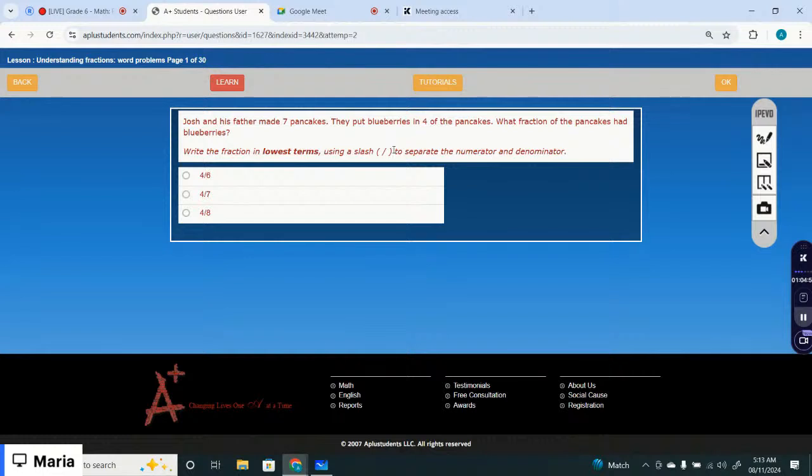Josh and his father made 7 pancakes. They put blueberries in 4 of the pancakes. What fraction of the pancakes had blueberries? So which is the correct option?